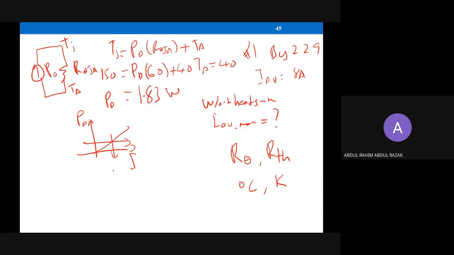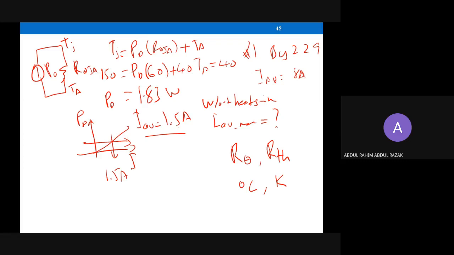So you get your I average as 1.5 ampere. This is just an estimation of projection. We're not focusing on finding the exact value here, it is about projection.